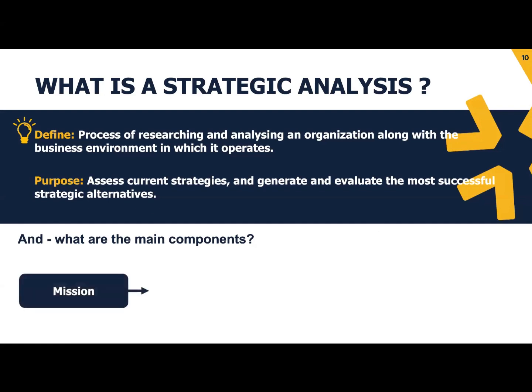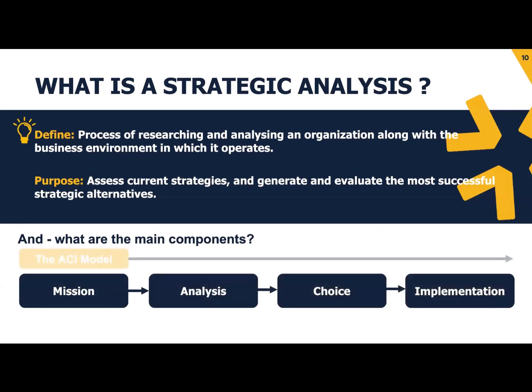Well, Johnson, Scholes, and Whittington talk about this whole area of ACI. In other words, if you want to come up with some sort of full-on analysis, and indeed, if you want to employ strategy formulation, then make this analysis part of the ACI model. So establish your purpose first, your goals, and your objectives. Analyze yourself internally.